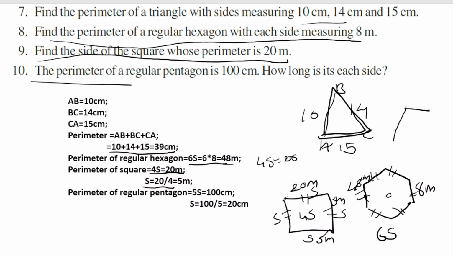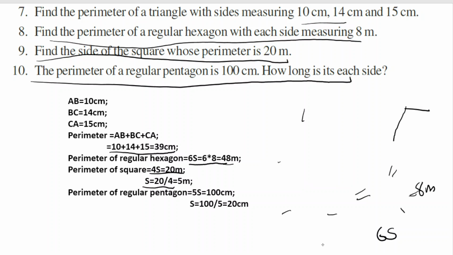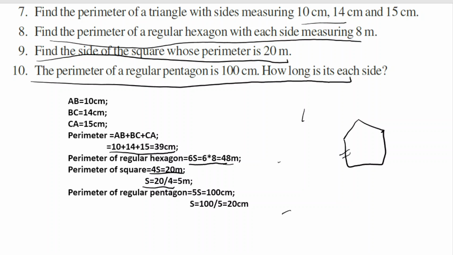And the perimeter of a regular pentagon is 100 centimeters. How long is its side? Let me erase all this. You know that a pentagon has 5 sides. All the 5 sides are equal. So this is a pentagon having all the sides equal. And here the perimeter was given.